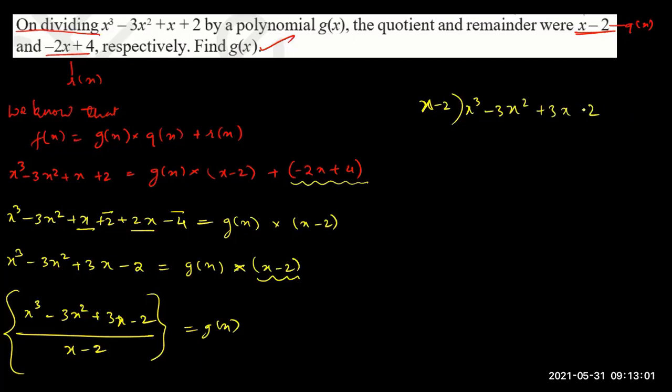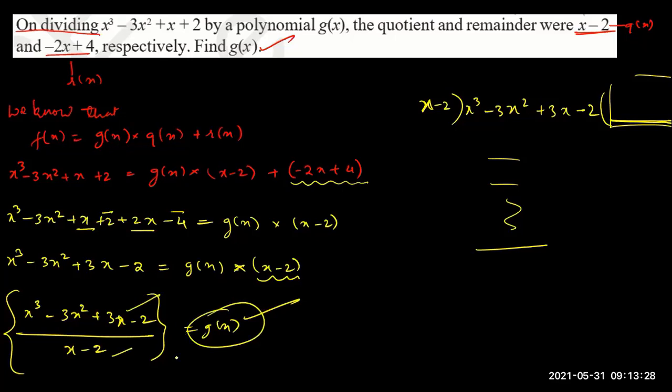Dividing it, once you do the division, whatever remainder you get, actually the remainder will be 0 only here. Then you get the quotient. This quotient is nothing but g of x, because when you divide this polynomial by this, we get g of x. Is it clear?